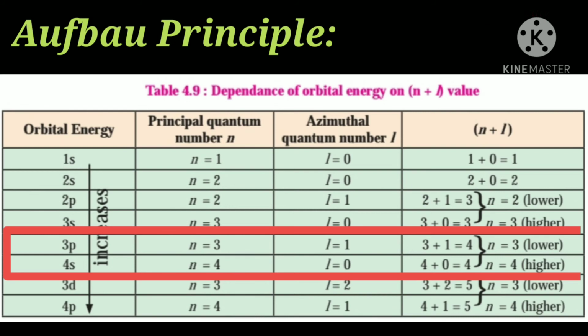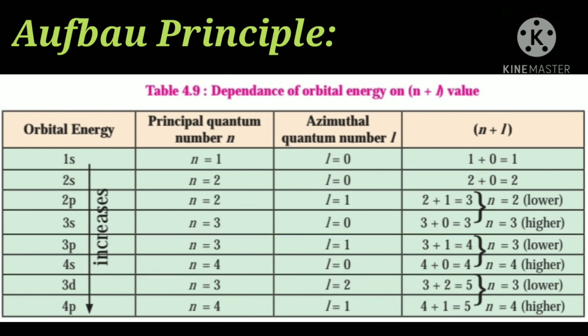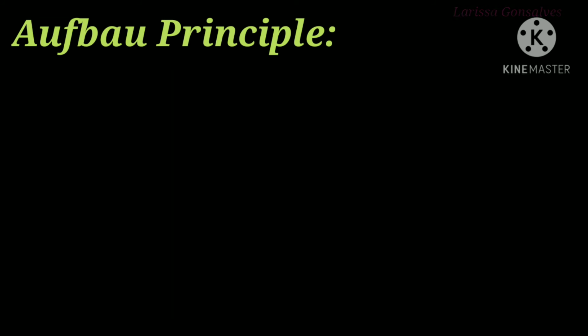So now since we have got the same answer 4, we need to check the principal quantum number n value. So whichever orbital has a lower n value is going to have lower energy. So in this case 3p has the principal quantum number n equal to 3, hence it is going to have lower energy when compared to that of 4s. Similarly, you can calculate it for 3d and 4p. So this was all about the increasing order of energies of orbitals.